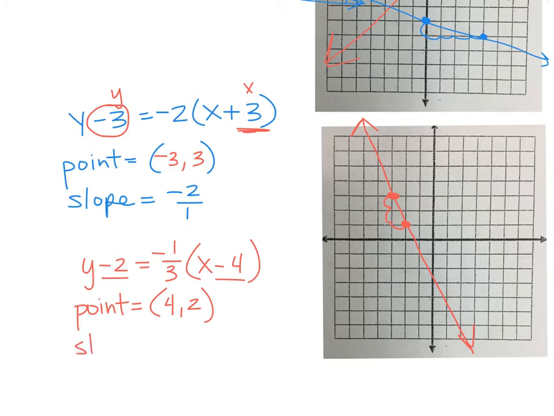What's the slope? -1/3. So you're going to plot 4, 2. I totally switched this. 1, 2, 3, 4, 1, 2. And then a slope of -1/3 is down 1, 1, 2, 3 to the right. So your line would look something like that if you actually went through the right thing. So that's this one. Red is this one.